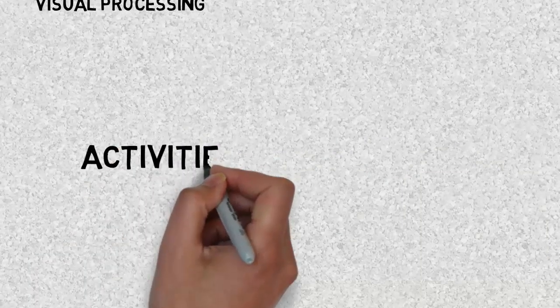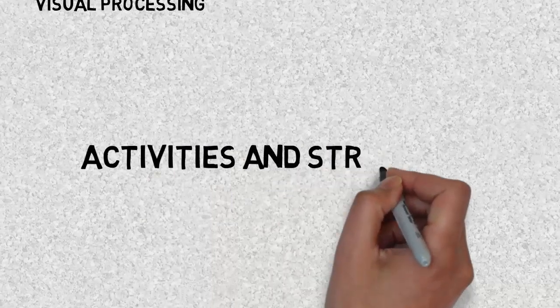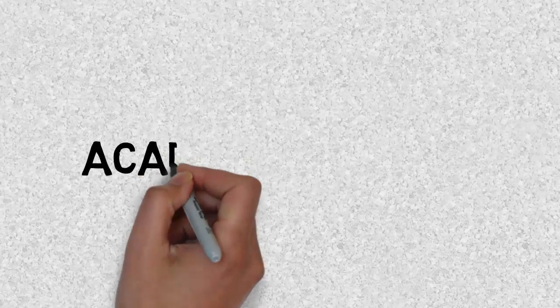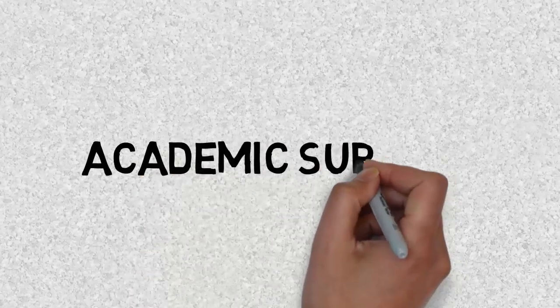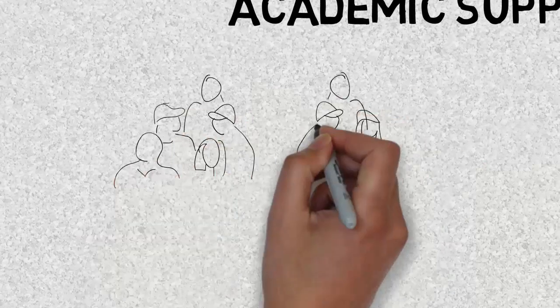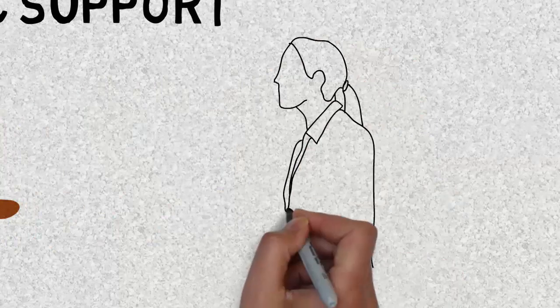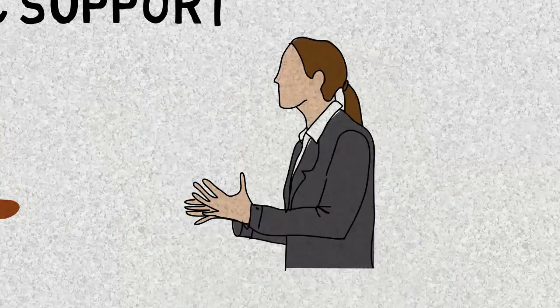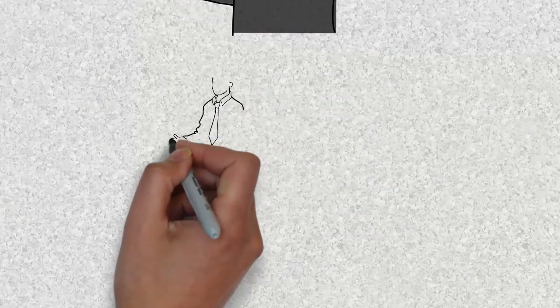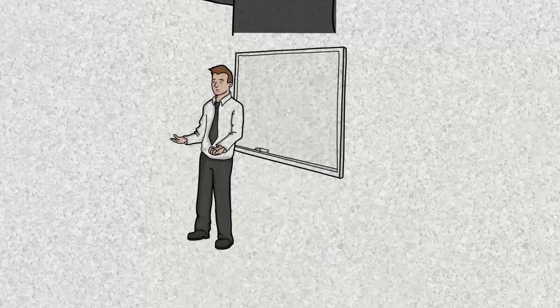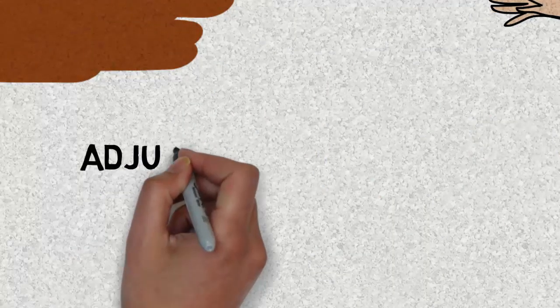Activities and strategies to cope with such problems are the following. Number one is academic support that is given to such children, which includes teaching them some social skills that are taught in some areas and some schools. They are also given some graphical support to cope with such situations.